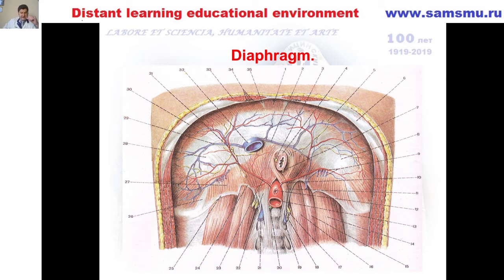One of these ligaments, the medial, in 24, medial arcuate ligament, ligamentum arcuatum mediale, passes above the psoas major muscle. You may see this muscle, and stretches between the body of the first or second lumbar vertebra and its transverse process.